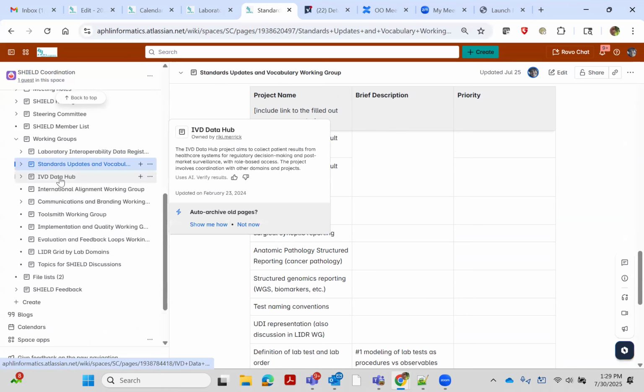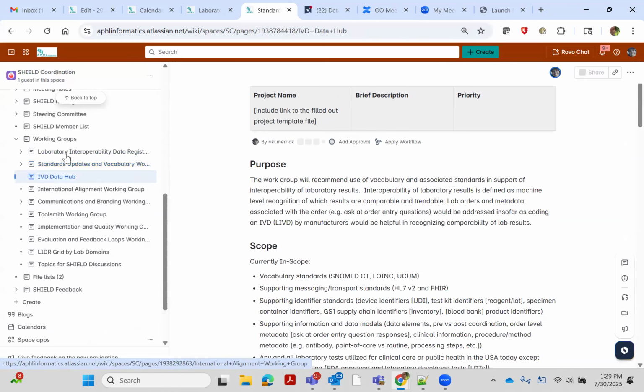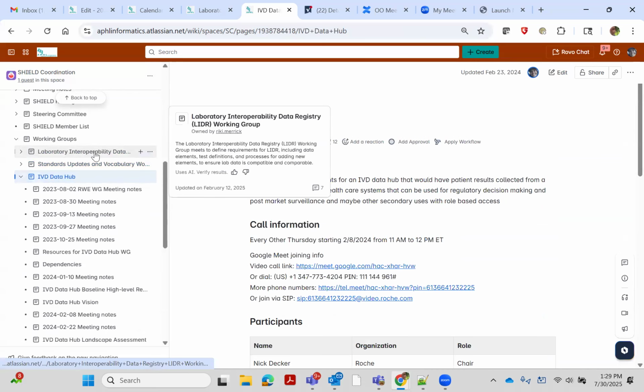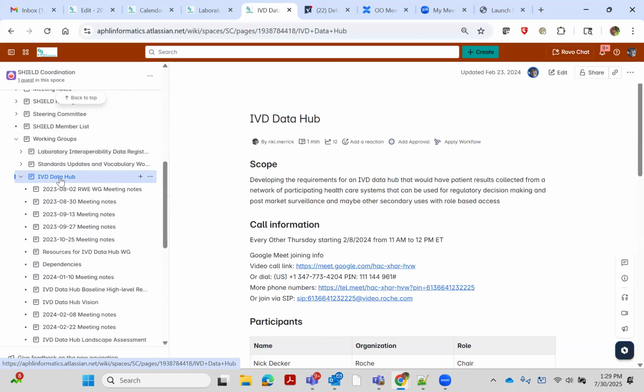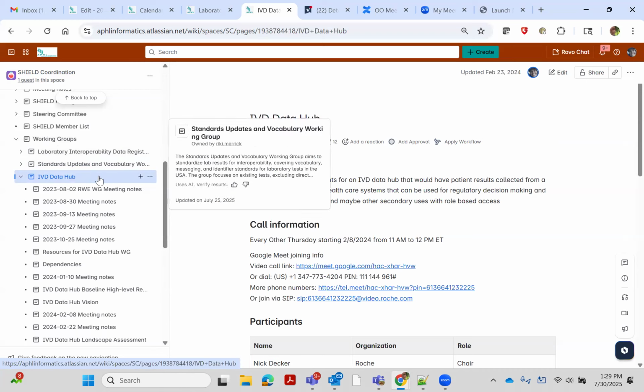We have an IVD data hub, which is unlike the LIDR repository, which is about the kind of tests. So this describes the functionality a test system has, versus the IVD data hub. This is patient-level, specimen-level data about each of those tests that you could find information about in LIDR.